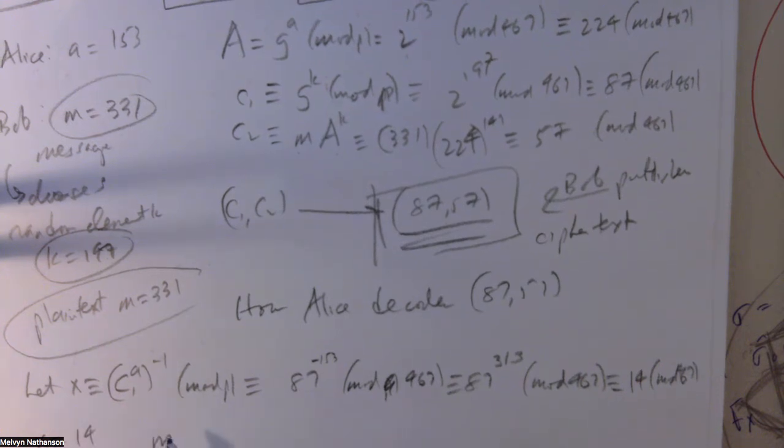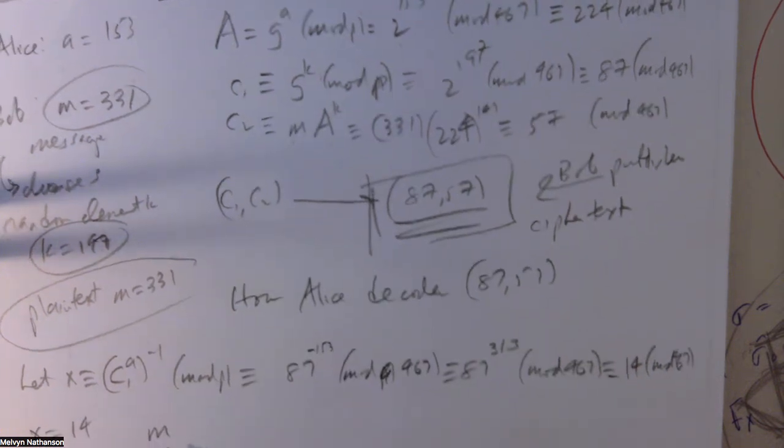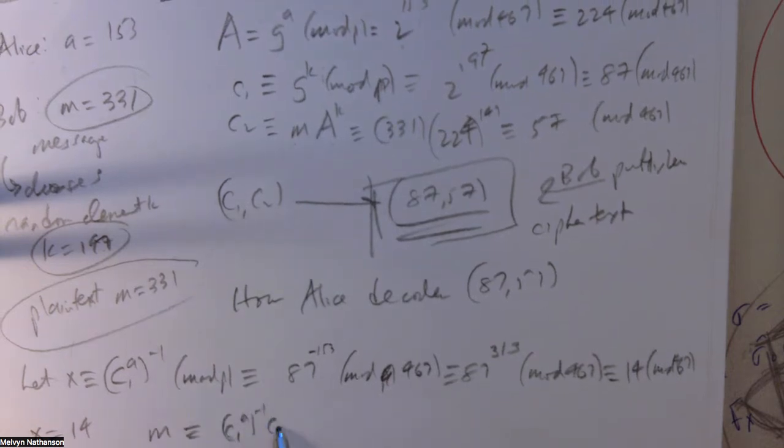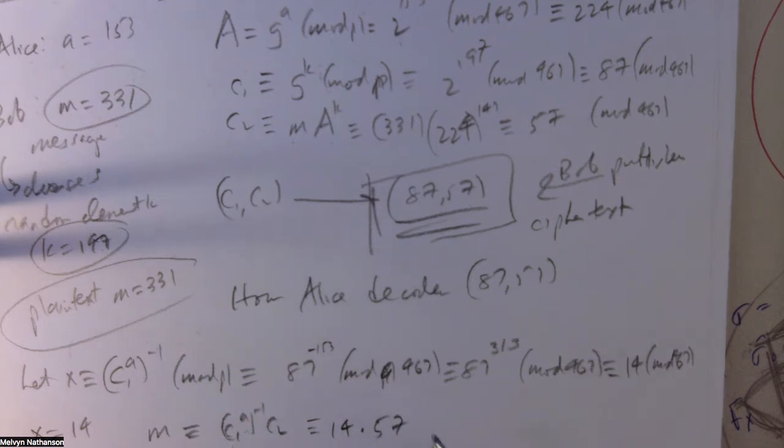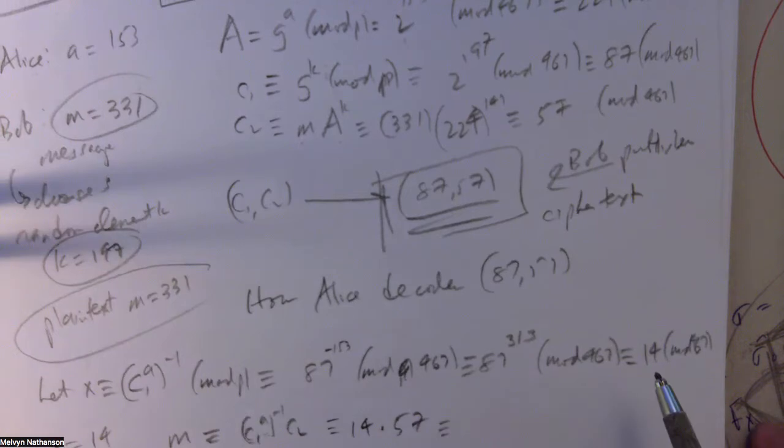And then how do we get the message? The message M is C1 to the A inverse times C2. C1 to the A inverse, that's X. That's 14. C2 is the number 57. 57 times 14. What is 57 times 14?